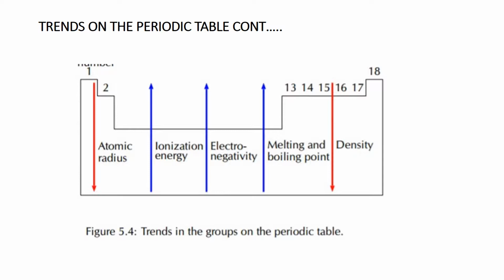Ionization energy increases as you go up the group. Electronegativity, melting, and boiling point also increase as you go up the group. And density, like atomic radius, decreases as you go up the group.